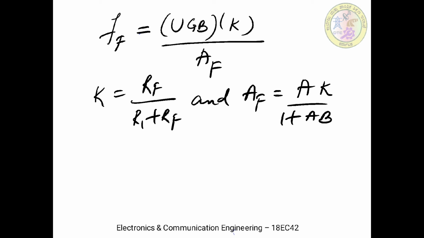Therefore we can make use of two equations in order to find the closed loop bandwidth of the inverting amplifier.